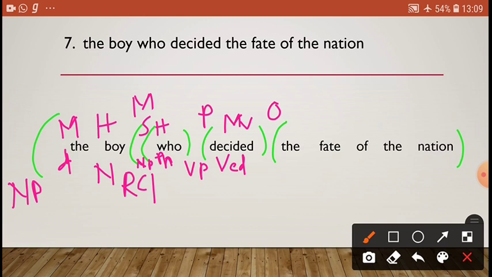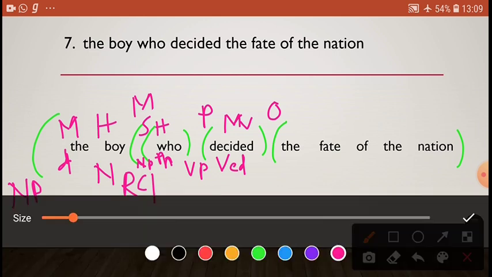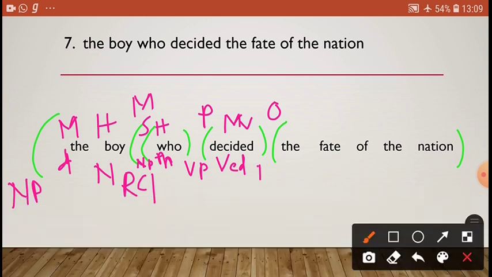And now the fate of the nation is a noun phrase. So the is determiner. Why is it a noun phrase? Because here the word fate is the head word. We are talking about fate here, so it's a noun, head. The is determiner. One more phrase is there, of the nation.